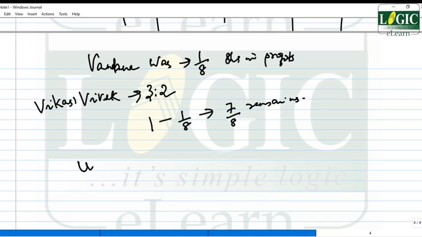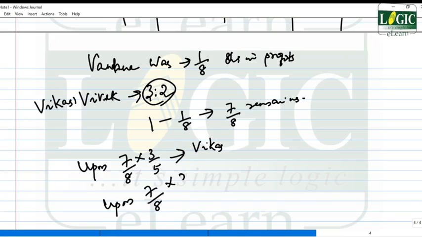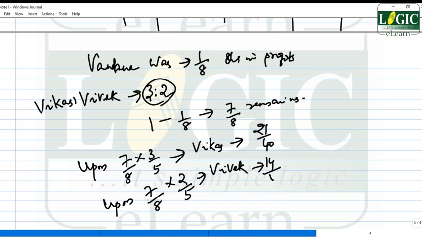Upon the remaining 7 by 8, 3 by 5 goes to Vikas, and upon the remaining 7 by 8, 2 by 5 goes to Vivek. So this should be 7 3s are 21 by 40. Here it will be 14 by 40.